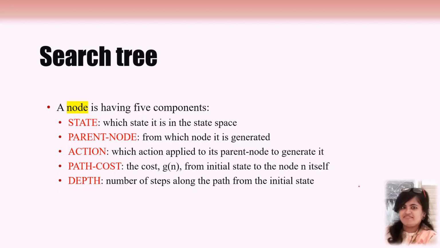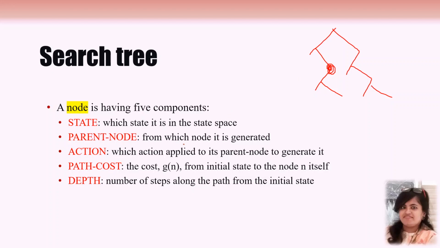So what is a state? By the state you need to understand which state it is in the state space. So what is a state space? As already mentioned, in the tree there can be a state space. Different nodes are there, and in this state space, where one particular state is, that is the state.